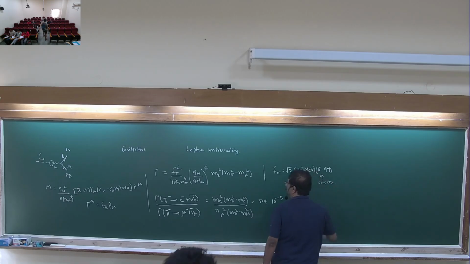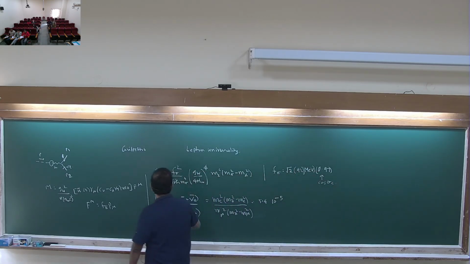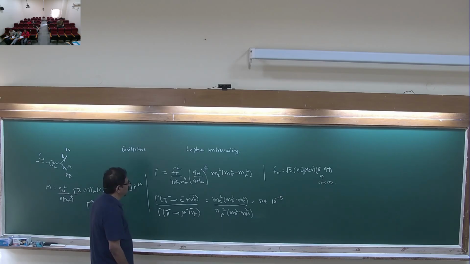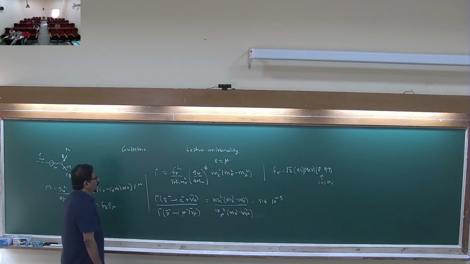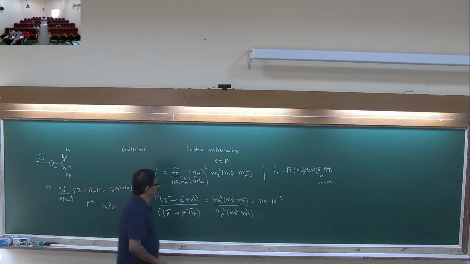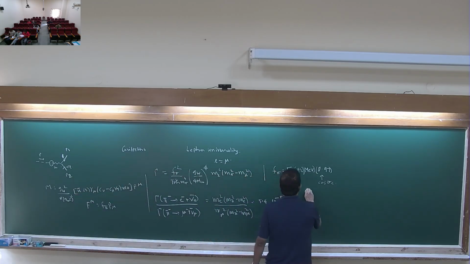Now people just work this out and tell me what is the answer that you get for L equals mu. By now you all know what is GW. GW is 0.653. MW is 80.4 GeV, please note.